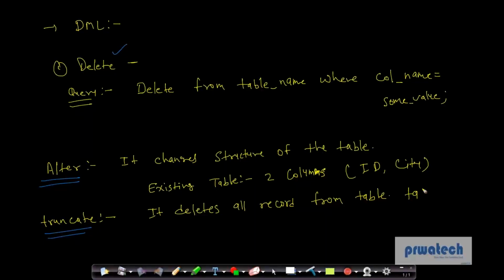Table structure will remain the same. I'm not making any changes to my table structure using truncate. So truncate is deleting the available records in the table. So this is for alter and this is for truncate.